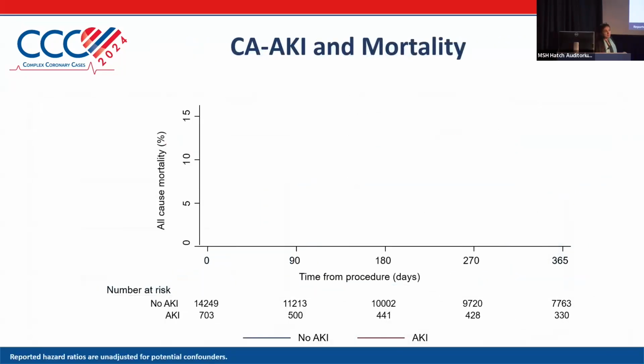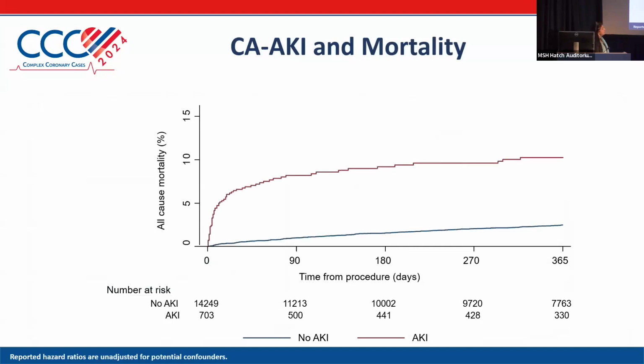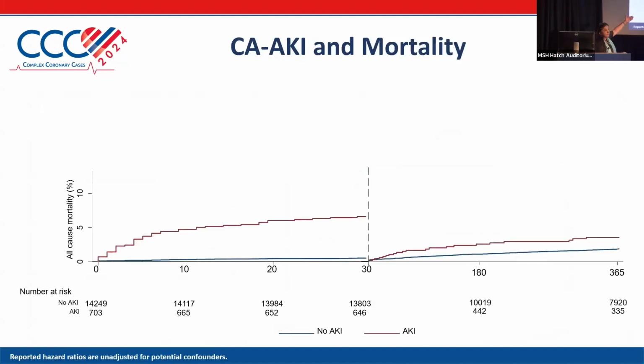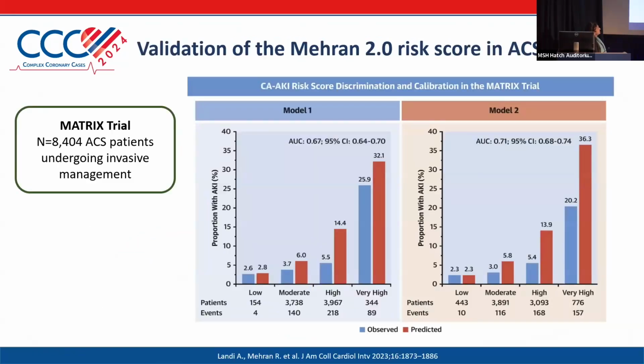What was more important is to see, is there an association to mortality? And sure enough, you see this huge association, mostly derived from what's happening early, also some late, but definitely in the first 30 days. If you get acute kidney injury, there is a very important mortality difference in these patients.